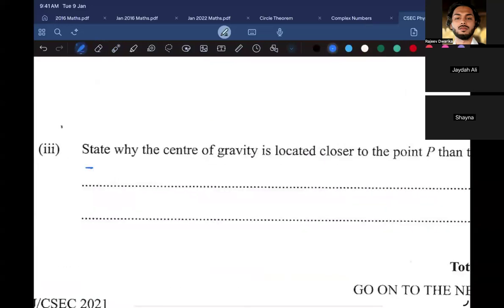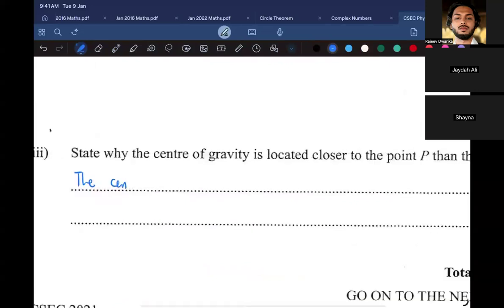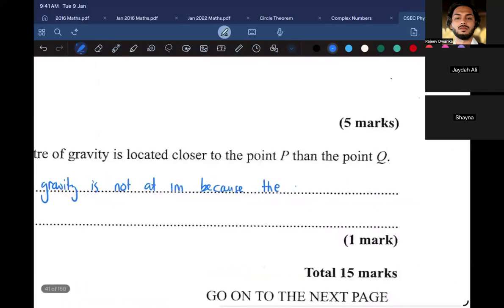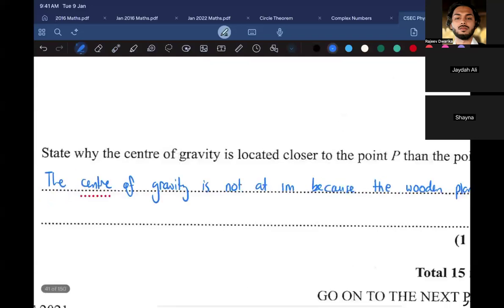You need to say this and you need to back it up with something else, so I'll put that in as well. So the center of gravity is not at 1 meter because the wooden plank is not uniform.